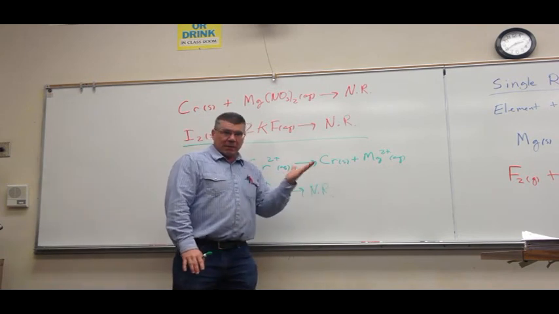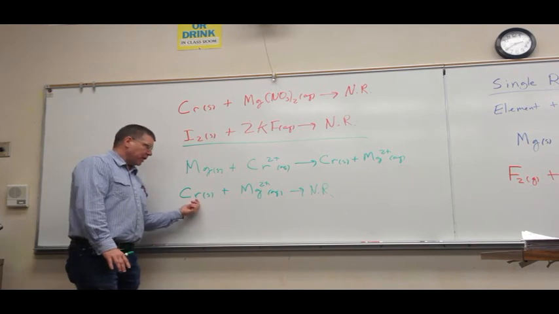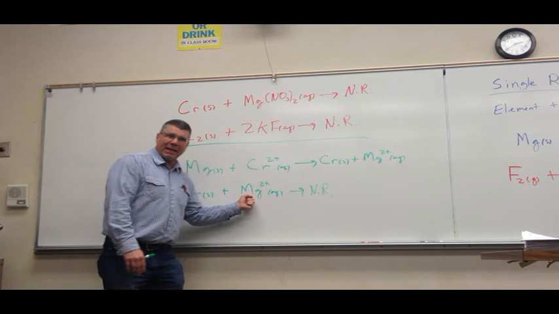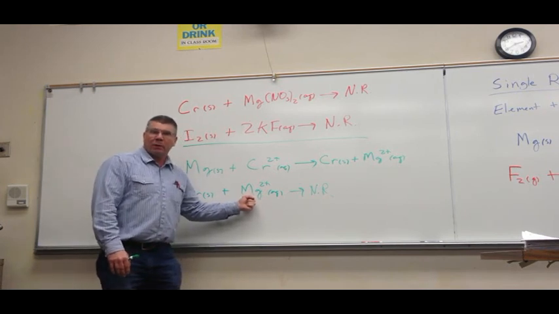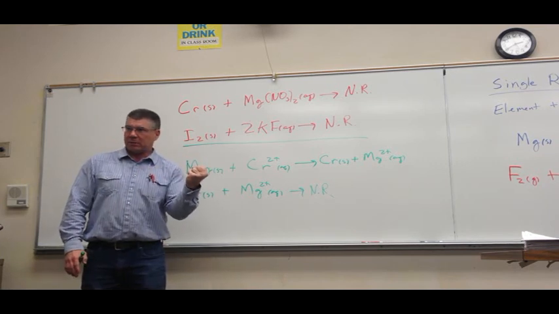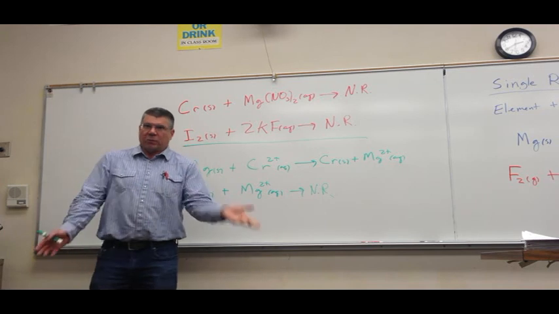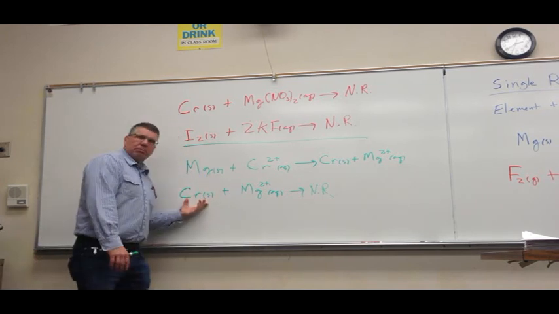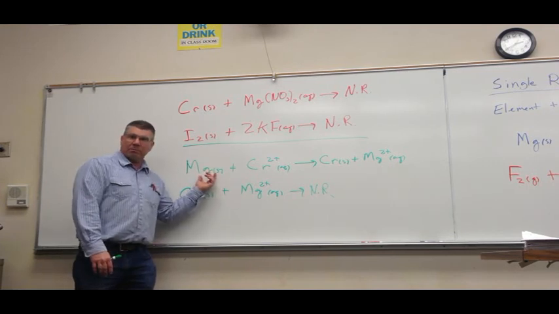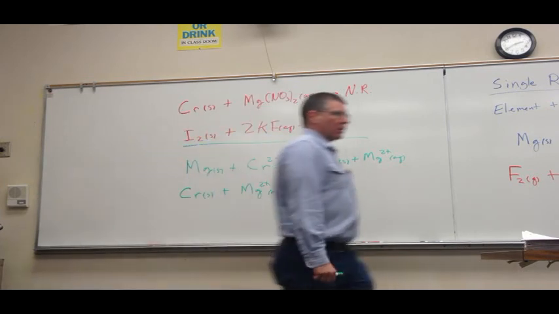And if we try to do it the other way, if we try to take electrons from neutral chromium and add them to magnesium, it won't happen. Which means chromium must be holding them more strongly than magnesium is. And what that really means is that chromium is more stable with those 2 electrons than magnesium is. Think about that. Make sense? I get it now. Okay. Thank you. Yep.